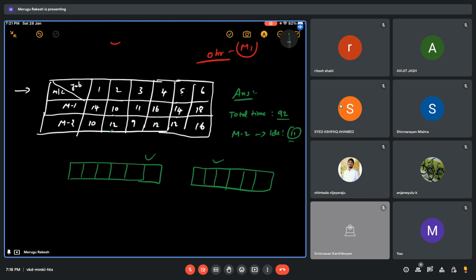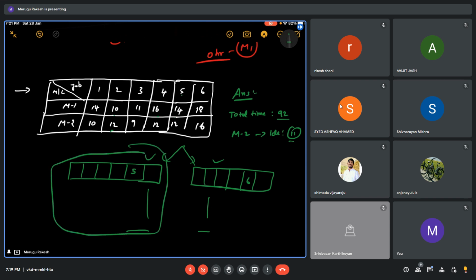In one case, suppose I take job 5 here, which has the same value, I will take job 6 here. So in that case you have two values, and you have to see both, and at the end, whichever is giving the lower total time and lower idleness, that model you have to select. That is one way of doing it.